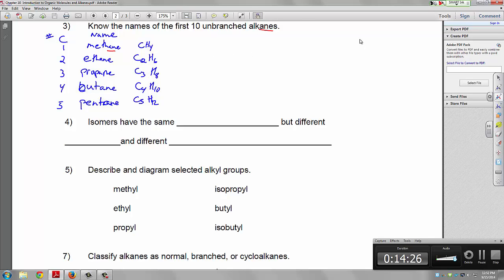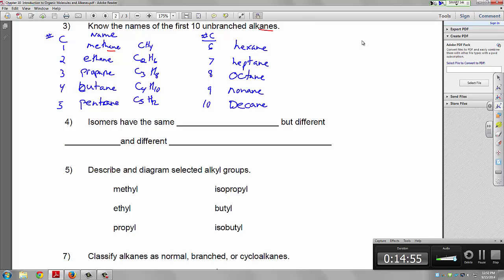The next 5. The number of carbons is 6, 7, 8, 9, 10. 6 is hexane, 7 is heptane, 8 is octane, nonane, decane.